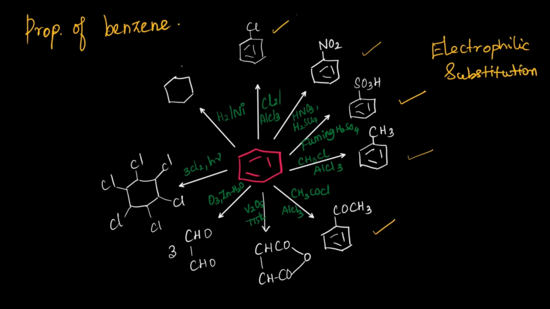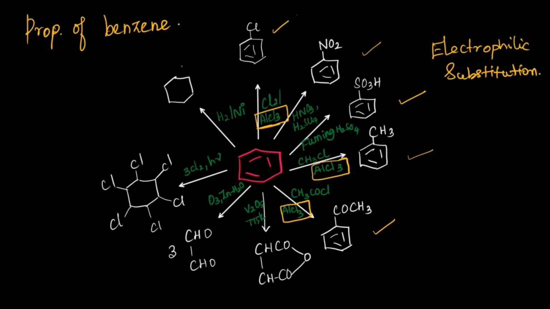In the case of electrophilic substitution, it follows a mechanism of formation of the electrophile, attack of the electrophile, and formation of the products. But one thing should be clear. Here we are using AlCl3, which is a Lewis acid having a vacant orbital, which facilitates the electrophile formation.